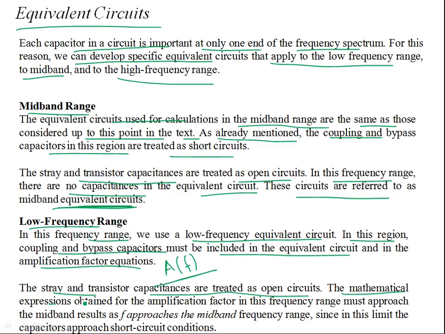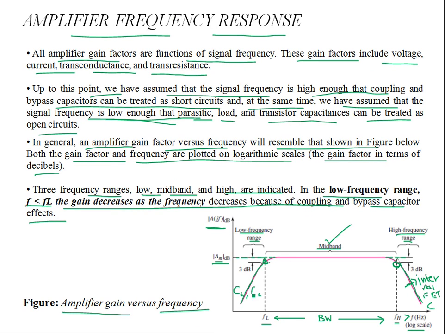The mathematical expressions obtained for the amplification factor in this frequency range must approach the mid-band results as f approaches the mid-band frequency range, since in this limit the capacitor approaches the short circuit condition. So what it means is that for this low range, you have to consider the bypass and the coupling capacitors in your equivalent circuit, whether it is the equivalent AC circuit for the large signal regime, or a linear small signal circuit for linear amplification of small signals.